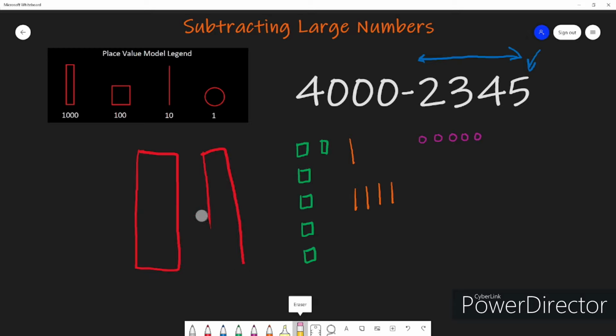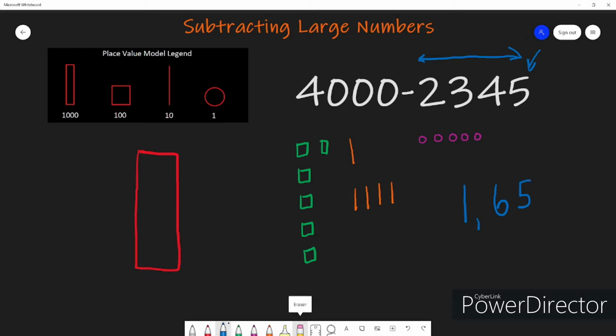Which now tells us our final answer, once all of this of course erases, is we have one 1,000 box. So I'm going to put it on the right of the screen. We have 1, 2, 3, 4, 5, 6 100 boxes. So now 600. 1, 2, 3, 4, 5 10 sticks.